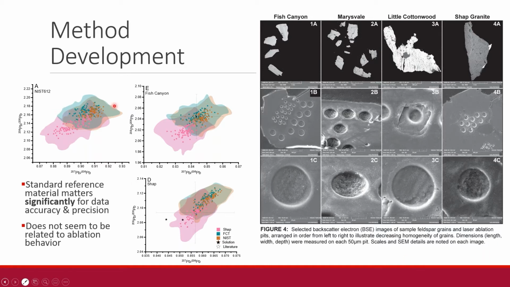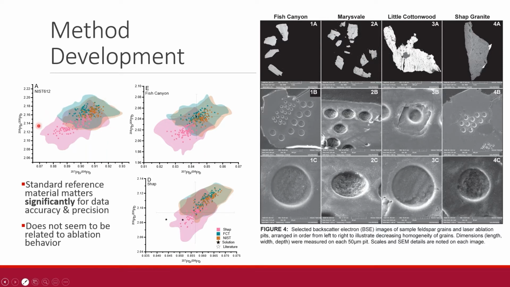So you can see over here on the left are 3 plots where I'm illustrating the same set of data. All of these colored dots are the same set. In this case, they're data collected from the Shap Feldspar, which is from the UK. In teal is the Fish Canyon Tuff, those are sanidines, and the orange is NIST glass, which is a man-made glass.